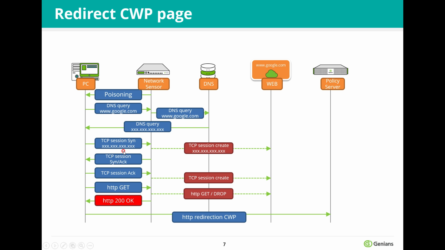The PC that received the destination IP for Google sends a TCP session SYN packet to the Google web server, but it communicates instead with the network sensor as if it were the Google server.